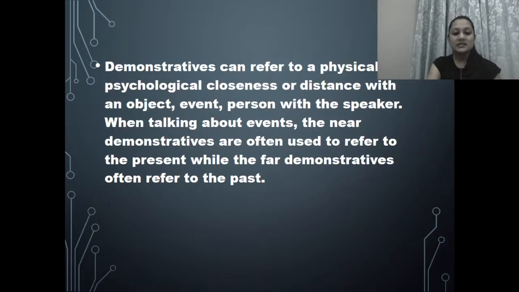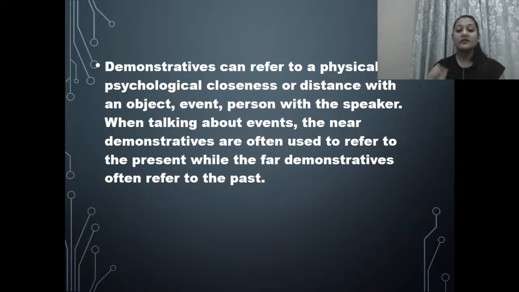But now we want to know in detail what sort of determiners these are. Demonstratives can refer to a physical or psychological closeness or distance with an object, event, or person, in the context of the speaker.